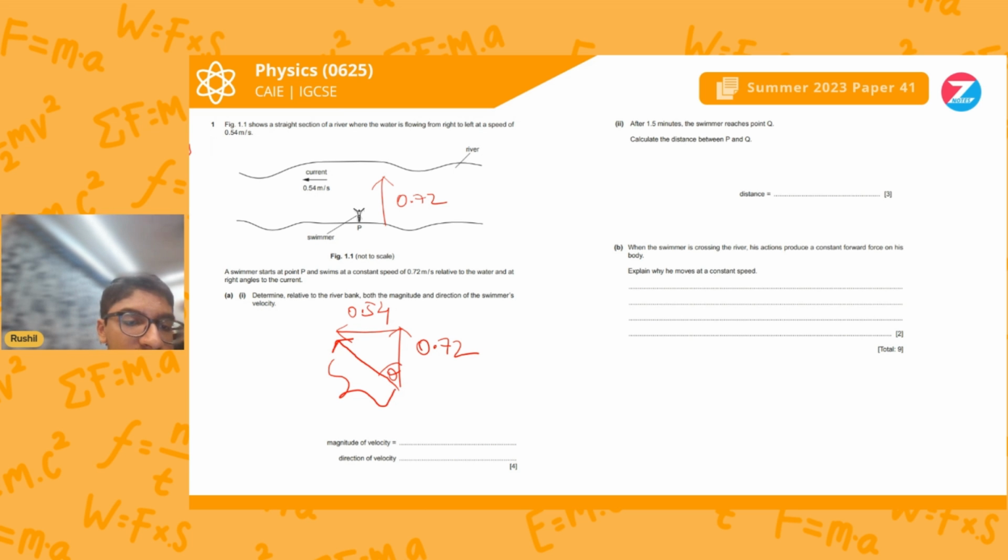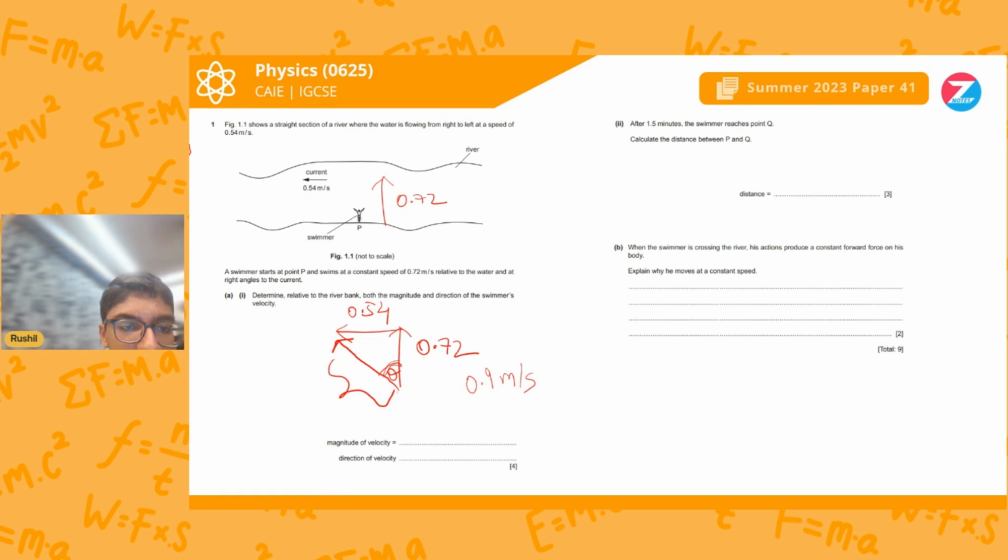And then you draw this resultant vector, and you either measure the length of it or using Pythagoras theorem, you calculate the length of this one, which is 0.9 meter per second. So that becomes your magnitude of velocity. Now for direction of velocity, we need to find out this angle.